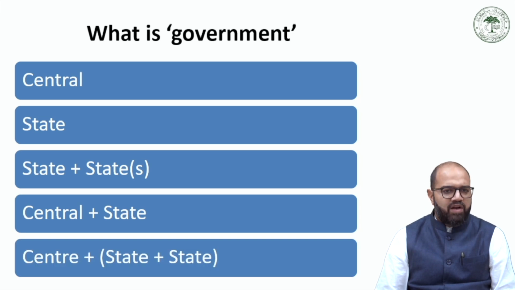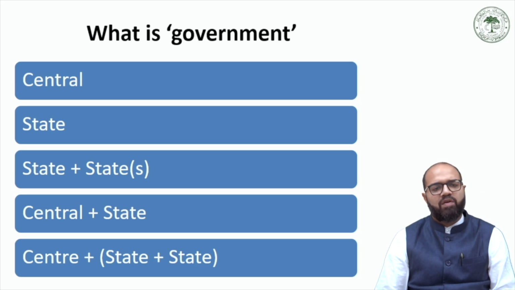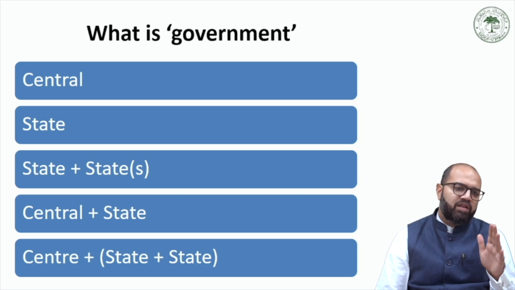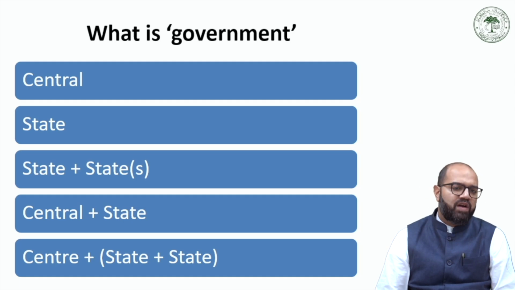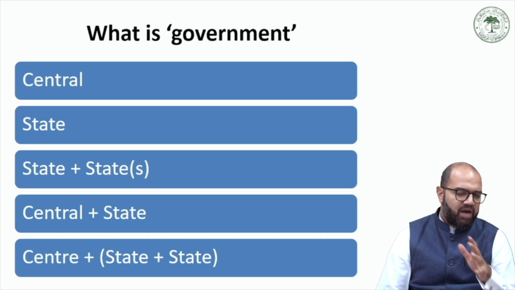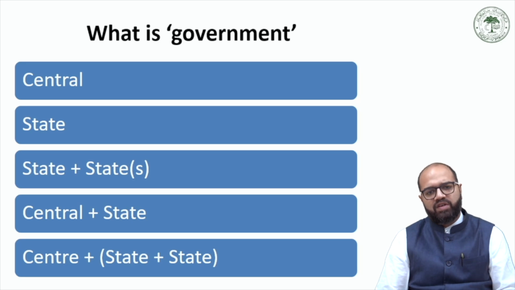And the last kind of classification which can be had of the word government is if it is jointly owned by central government on one hand and two or more state governments on the other hand, in which case it would be regarded as a government company jointly owned by central government and two or more state governments.